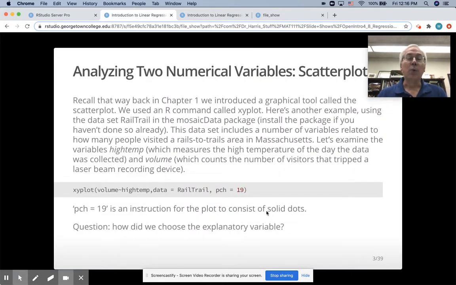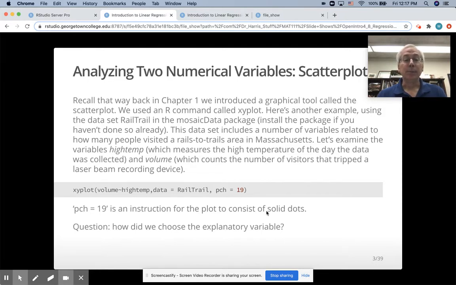So what we're going to be doing in this chapter is looking at a pair of numerical variables. And if you go all the way back to our work in Chapter 1, one of the very first things we introduced through RStudio was a command called xyplot, and it generated what we call a scatter plot, basically plotting all the xy ordered pairs for a pair of variables, one of which we called explanatory, one of which we called response.